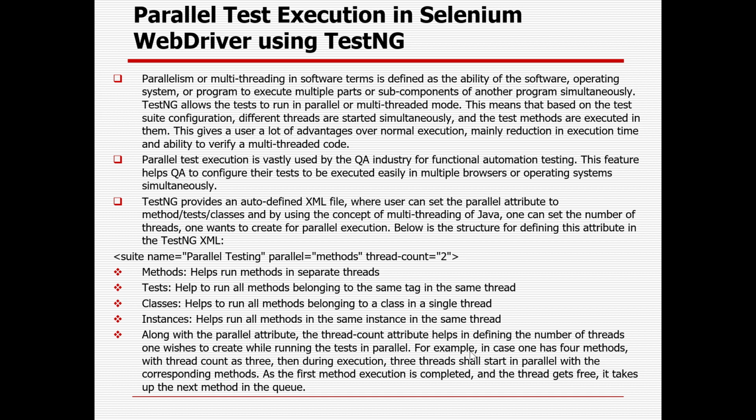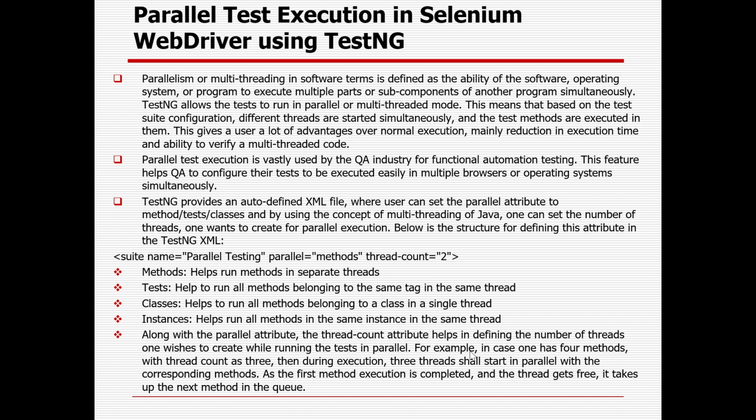TestNG allows tests to run in parallel or multi-threaded mode. This means that based on the test suite configuration, different threads are started simultaneously and the test methods are executed in them. This gives a user a lot of advantage over normal execution, mainly reduction of execution time and the ability to verify multi-threaded code.